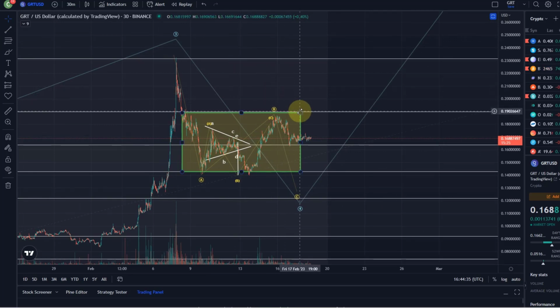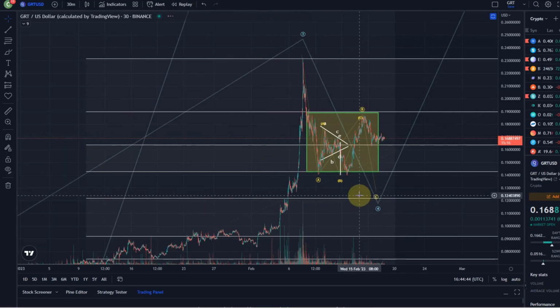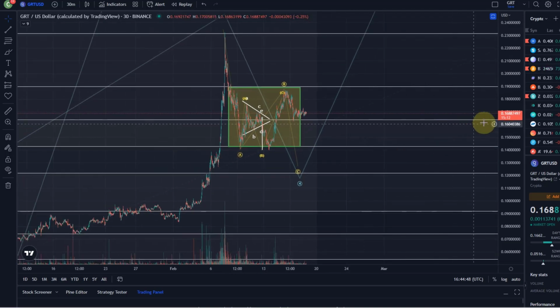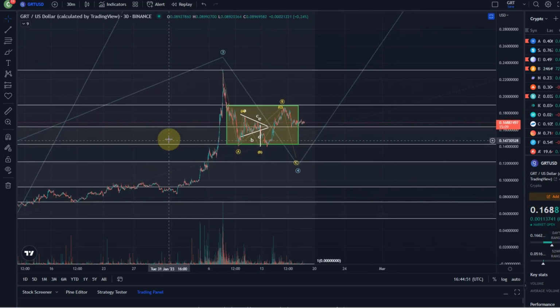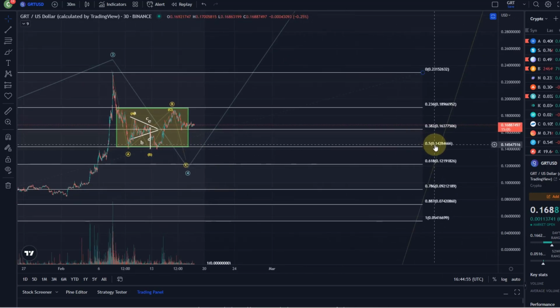What I can see here is that we have two possibilities now. The first one is that we come down quite impulsively following the C wave. If we do that, we will most likely break below the A wave low. In that case, I would not necessarily count this as a wave 4 anymore, because we would break below the 50% Fibonacci retracement.